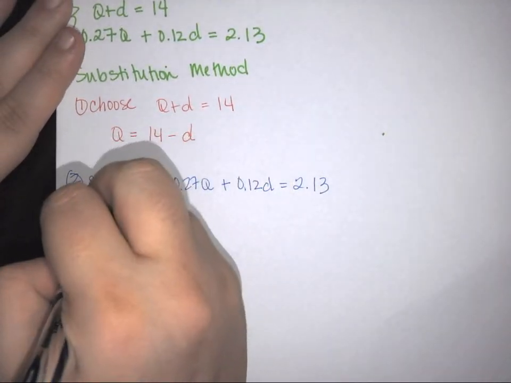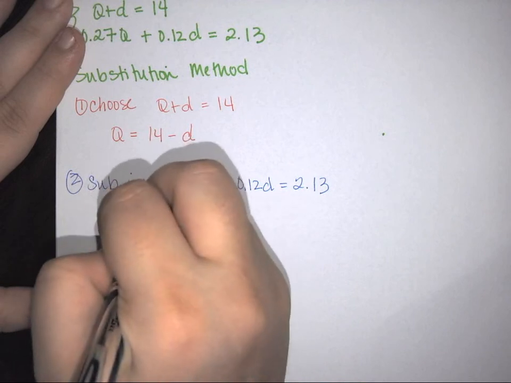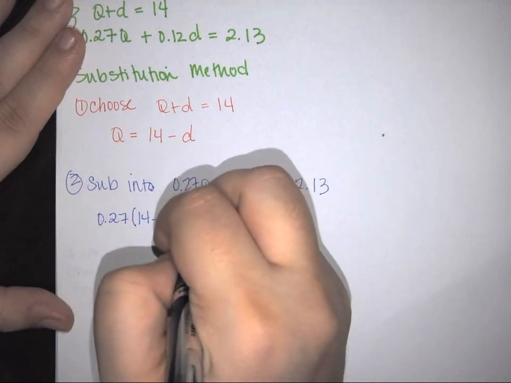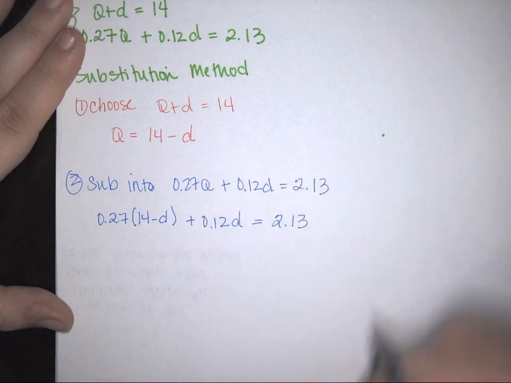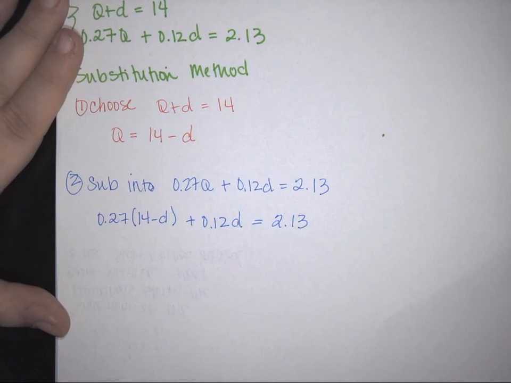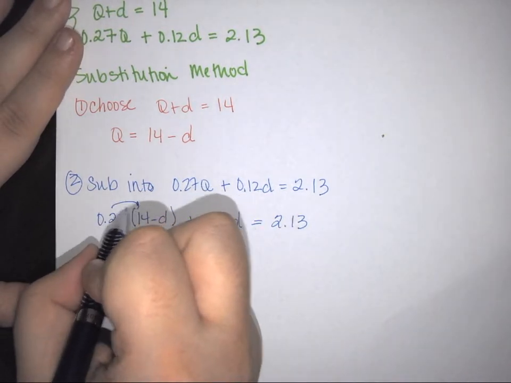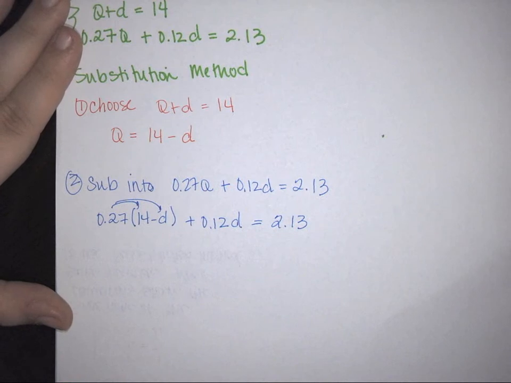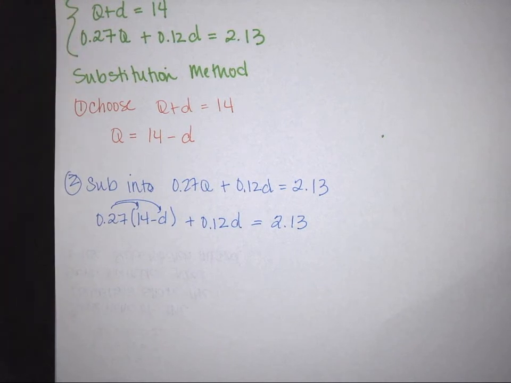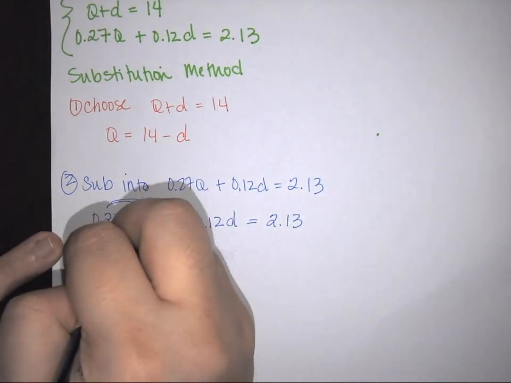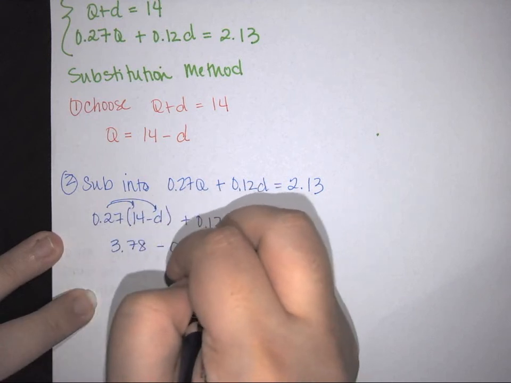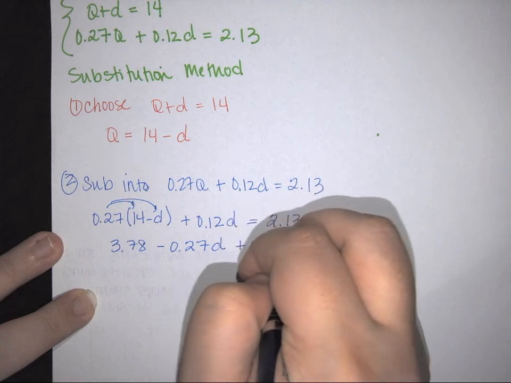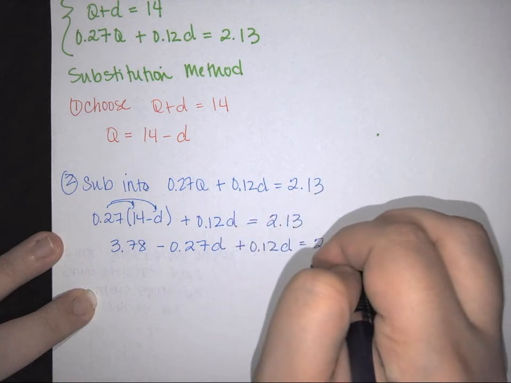So this becomes 0.27 times 14 minus d plus 0.12d is equal to 213. So here I have to distribute through. So I have my 0.27 times the 14 is going to give me 3.78 minus 0.27d plus 0.12d equals 213.